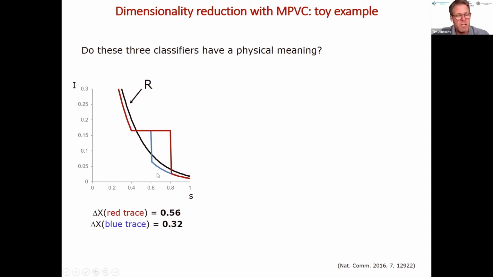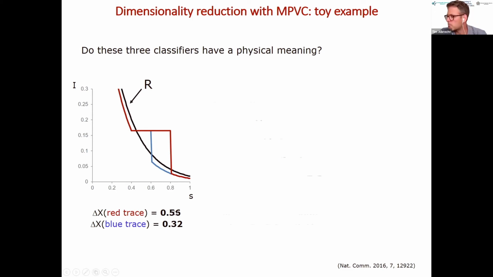If you calculate the vector distance according to the formula I've shown you on the previous slide, delta x, we get 0.56 for the red trace and 0.32 for the blue trace. In a sense, this is already dimensionality reduction, because you can use this single number to differentiate the blue from the red curve.